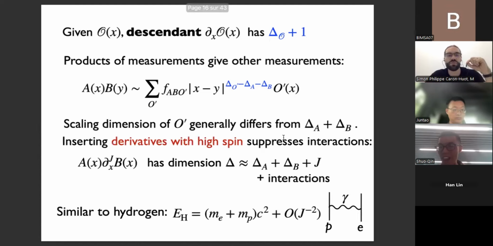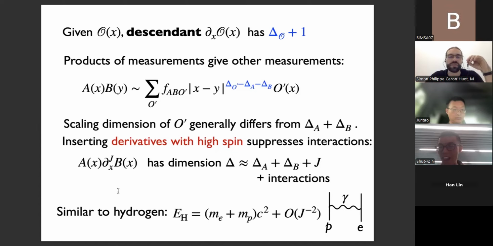However, there is something you can do which does give you simple operators: if you multiply two things and stick a lot of derivatives between them, or precisely if you take transverse derivatives, so there's a lot of angular momentum between them, you're forcing these two measurements, A and B, to be relatively far from each other, and then the scaling dimension really just adds. So this is just a sum of the parts.